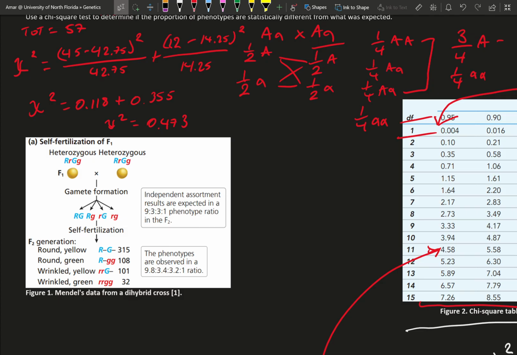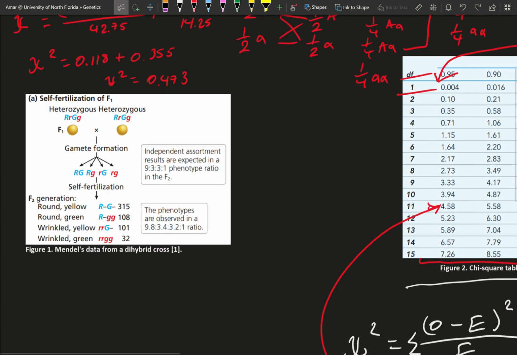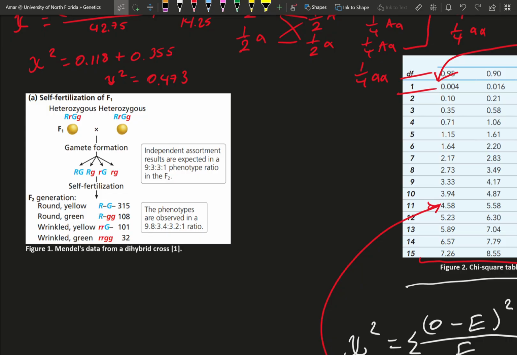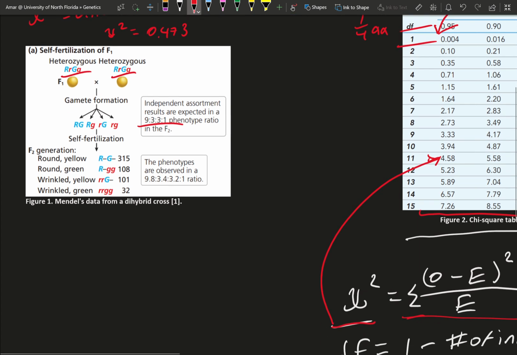So let's do another problem where we have this situation. We have a regular dihybrid cross. Just remember that in a dihybrid cross, we're expected to see a 9:3:3:1 ratio.